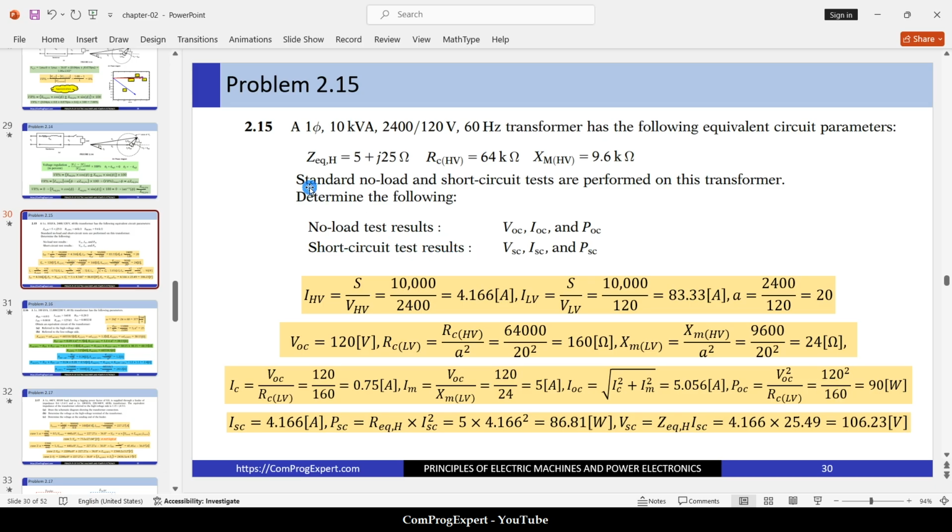Because we have standard tests, we know that the open circuit test is done on the low voltage side and the high voltage side is open in this test. So first of all, let's calculate the current of the high voltage side and the current of the low voltage side.